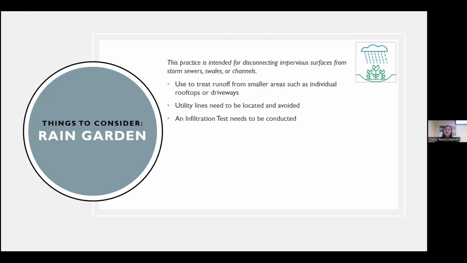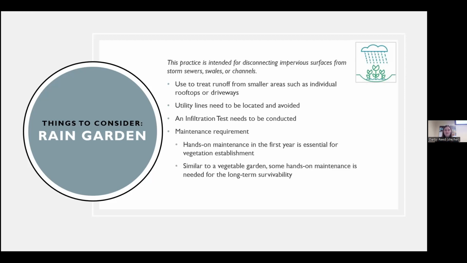An infiltration test will need to be conducted. And the maintenance requirement: hands-on maintenance in the first year is again essential for vegetation establishment. And similar to a vegetable garden, some hands-on maintenance is needed for the long-term survivability of the garden. Also, this practice should be placed at least 10 feet from the building foundation.